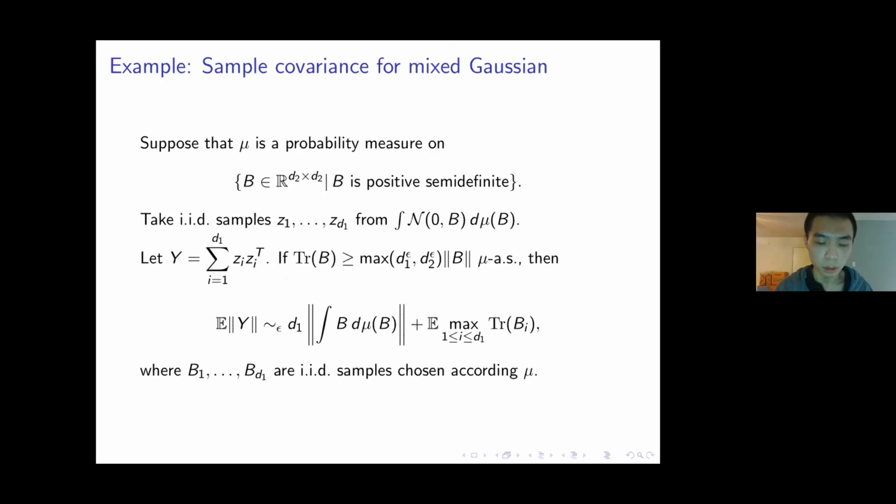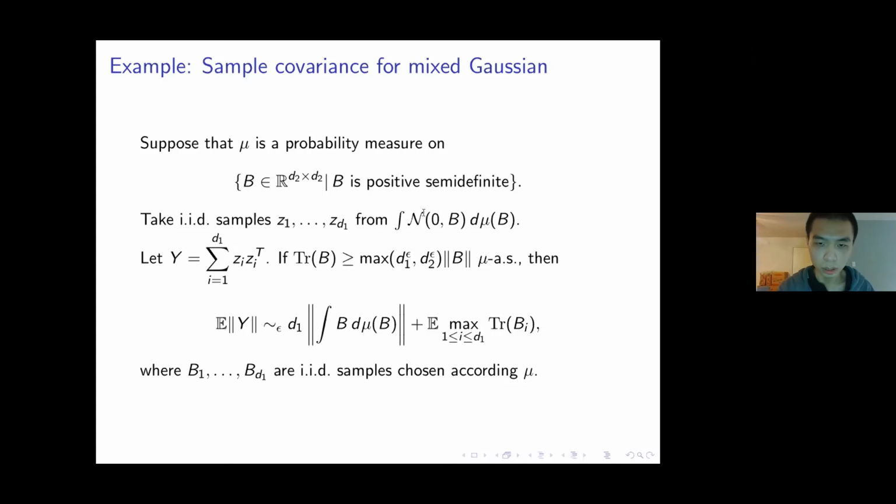So from what we have for independent rows, we get an estimate for the expected spectral norm of the sample covariance matrix from a mixed Gaussian. Okay, so mixed Gaussian, that's a model for a random vector.